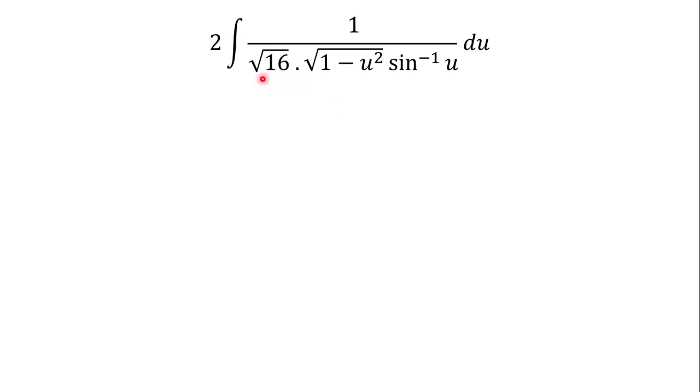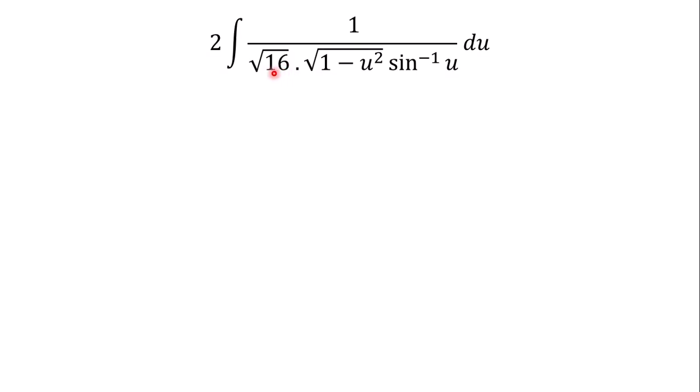Okay, so here we are having now square root of 16. This dot here means multiplication. So when we multiply this by this, it's just going to be square root of the whole of 16 times this one. So when you split it, that is what you are going to get.